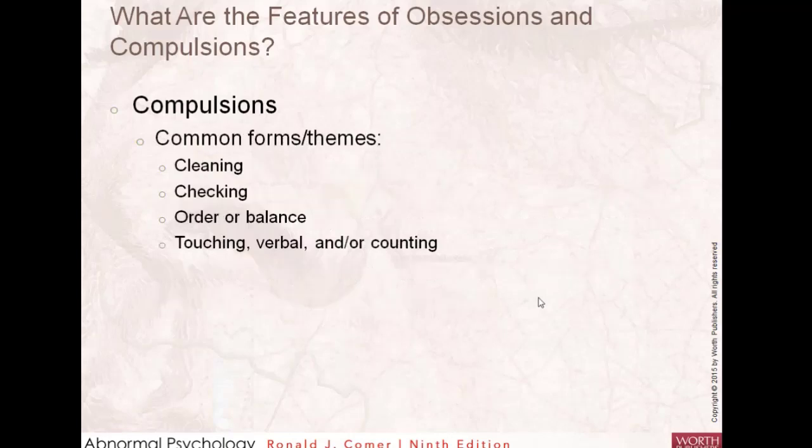So compulsions often take common forms that oftentimes, not always, are at least somewhat correlated with the obsession. So if your obsession is you're afraid you're going to lose your keys, you check to make sure you still have your keys. If your obsession is making sure that your kitchen is clean, then you have to constantly be cleaning your kitchen. Now, one thing it says here is touching, counting.